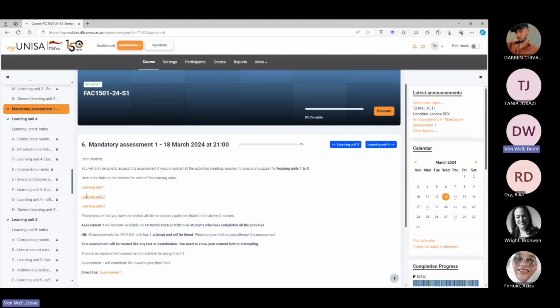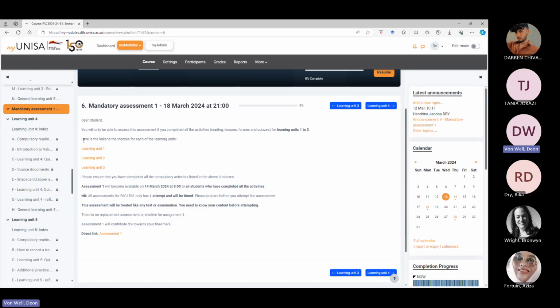Here you can see it says, dear student, you will only be able to access this assessment if you completed all the activities, including the compulsory reading, because remember the compulsory reading is basically your study guide per learning unit. So compulsory reading is very important, and we are going to quickly work through it tonight as well.